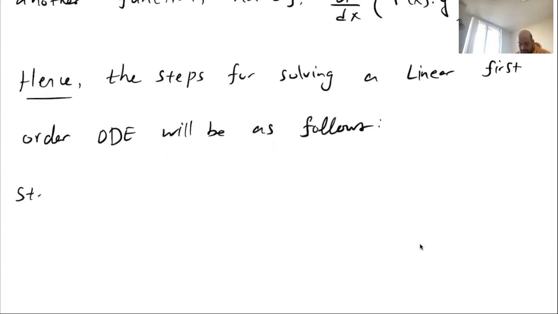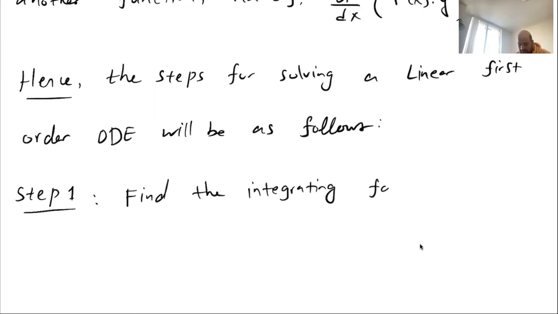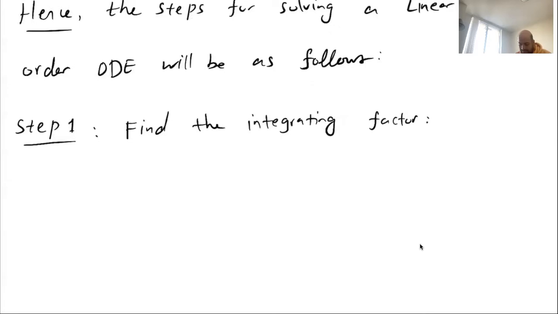Step one, first we need to find the integrating factor. Find the integrating factor, r of x equals e to power integral p of x dx.